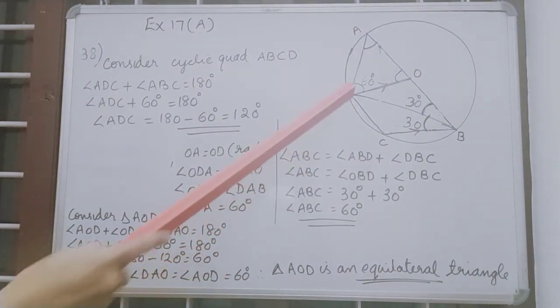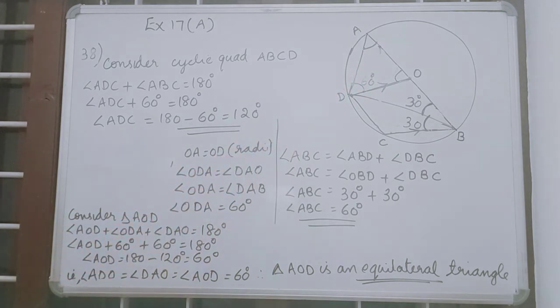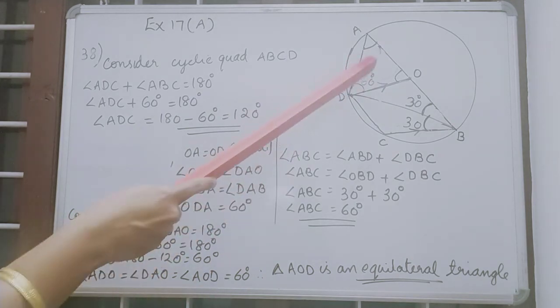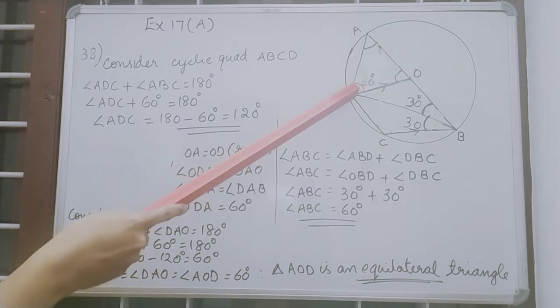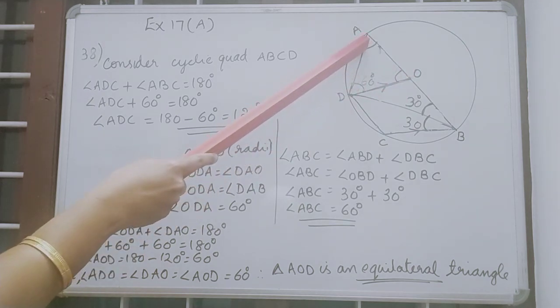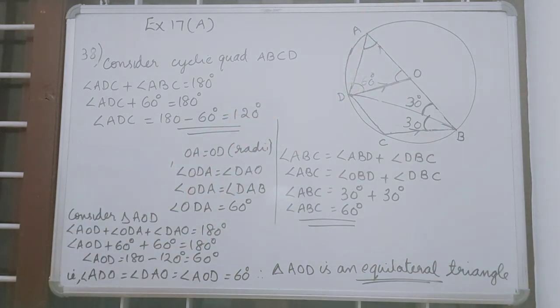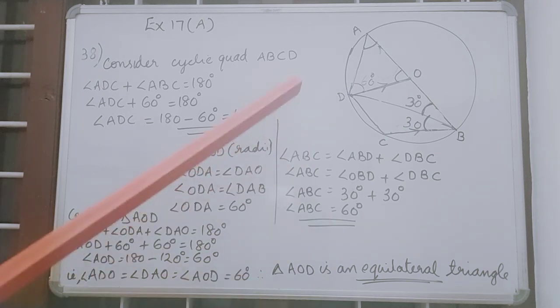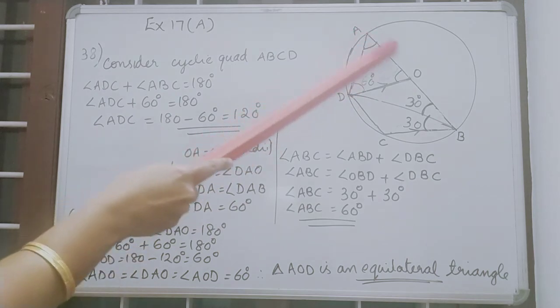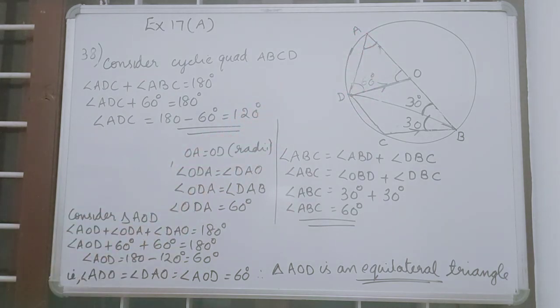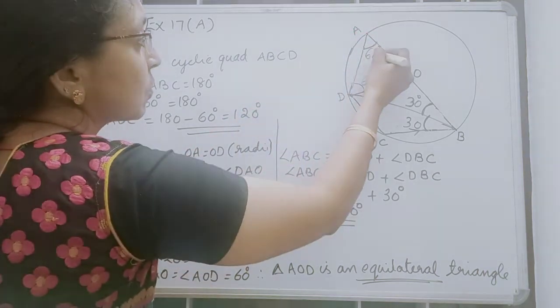So for that, the sum of angles of a triangle is equal to 180 degree. So angle AOD plus angle ODA plus angle DAO is equal to 180 degree total. Now we have ODA equal to 60 degree, and DAO we have already proved as 60 degree.